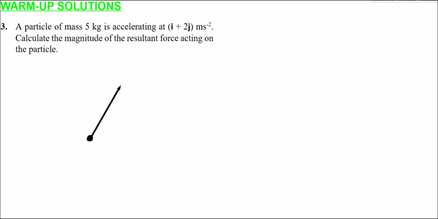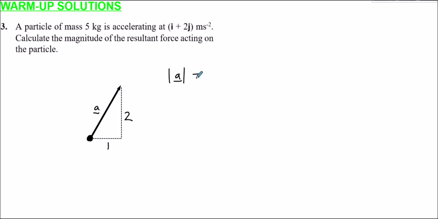So I'll label in these components. So that's 1i, that's 2j, and the acceleration is in this direction. So the magnitude of acceleration is what we need to work out first.